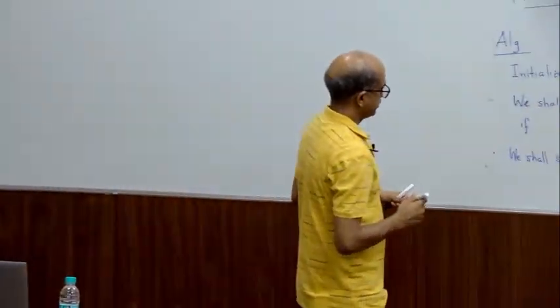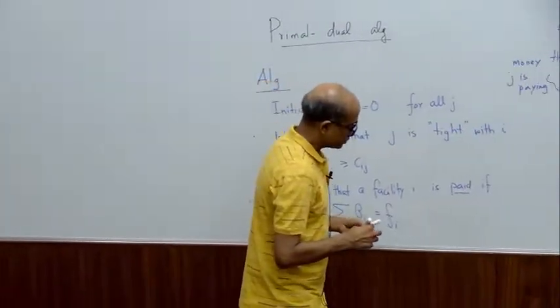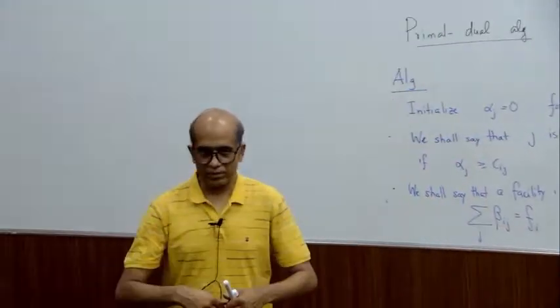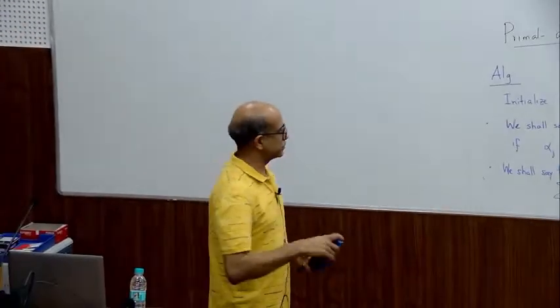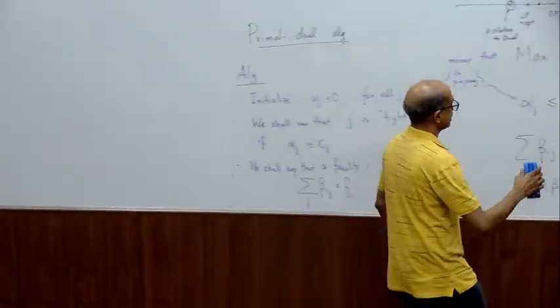All right. So what's the algorithm now? Everybody raises alpha j at the same rate, and some events can happen.